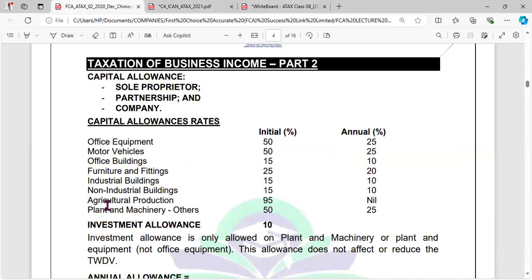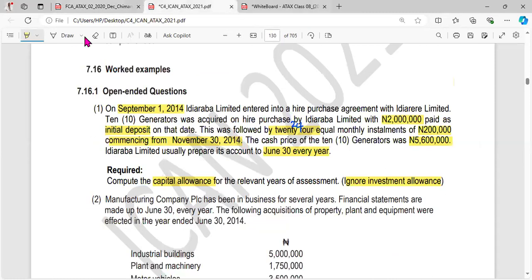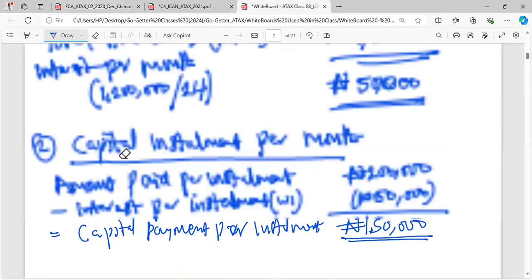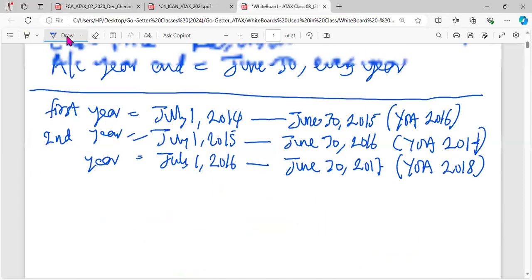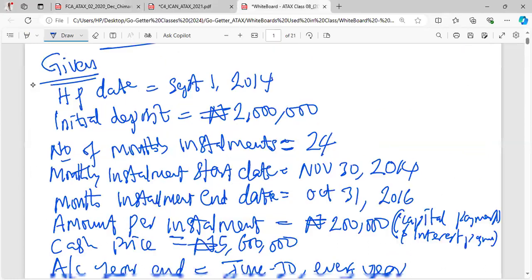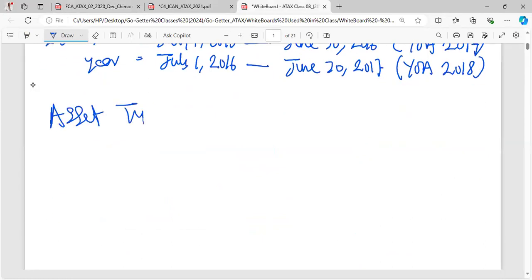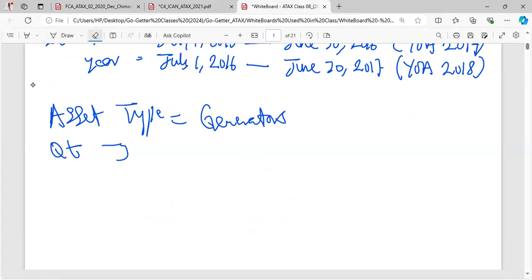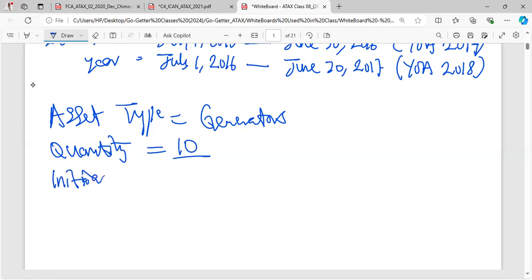Asset type, generators, quantity. Later, the quantity will be of value. We'll know why they tell us it is 10. Quantity is 10. Initial allowance rate, 50%.